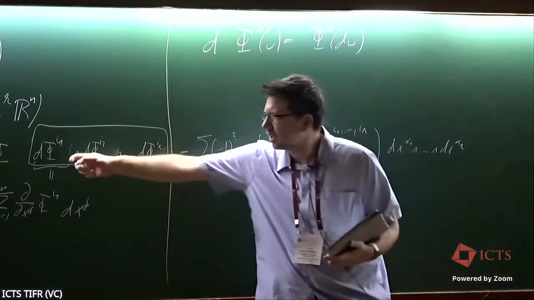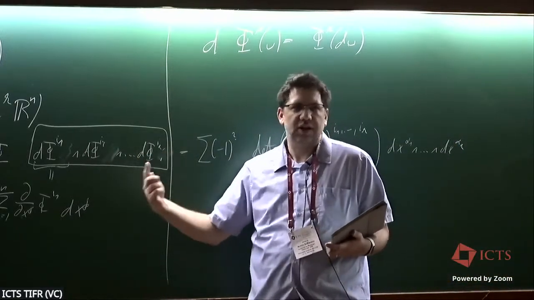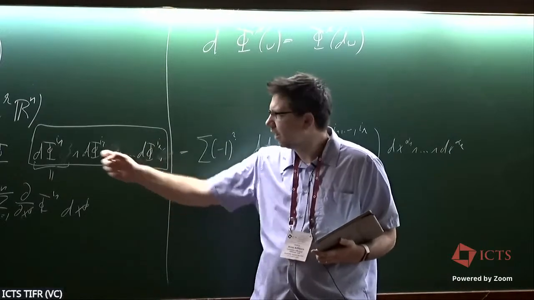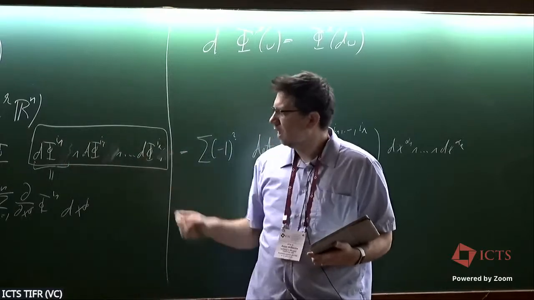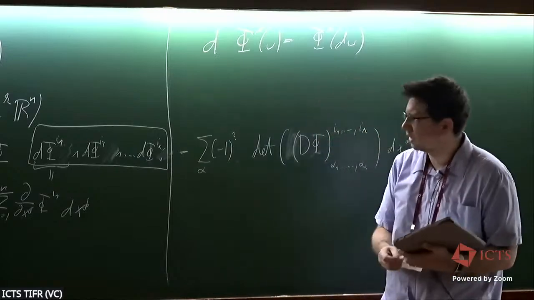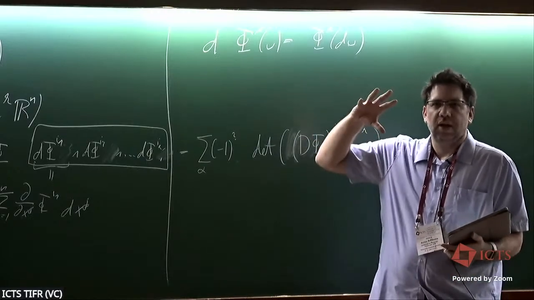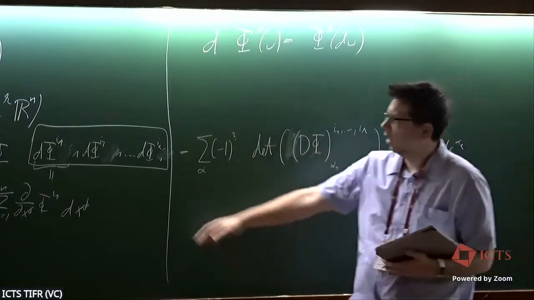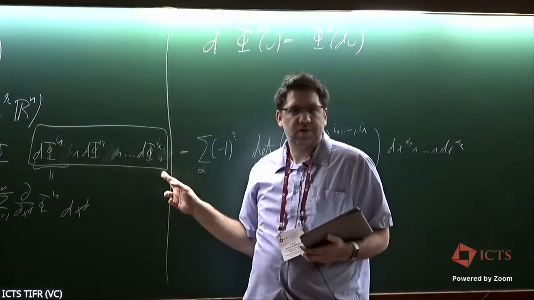But whatever this is, it has so many symmetries that you can also argue abstractly that it must be a determinant, and it only depends on these entries. So it will have this form where we sum over the alphas. Everything that we are going to do will work because these are determinants of gradients.